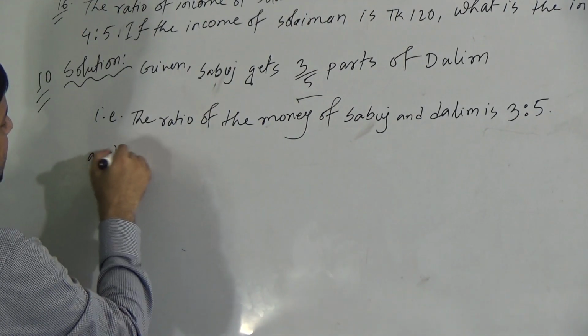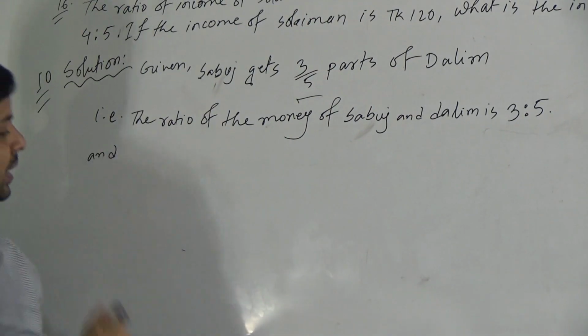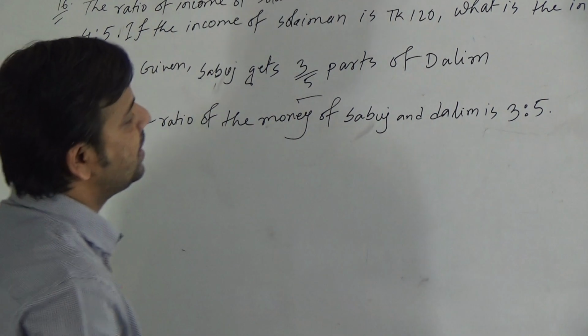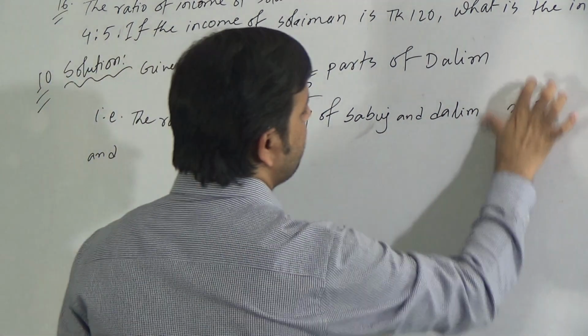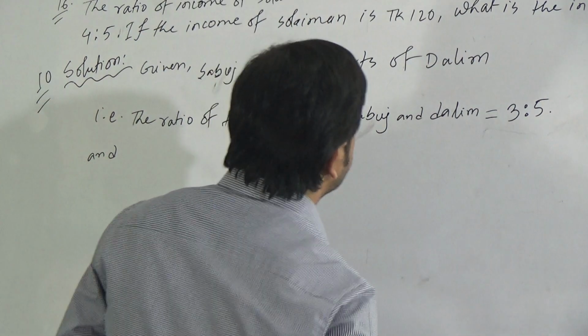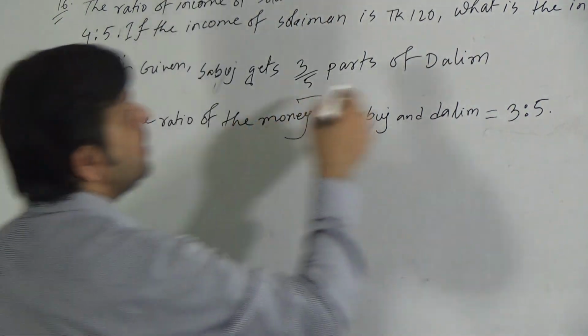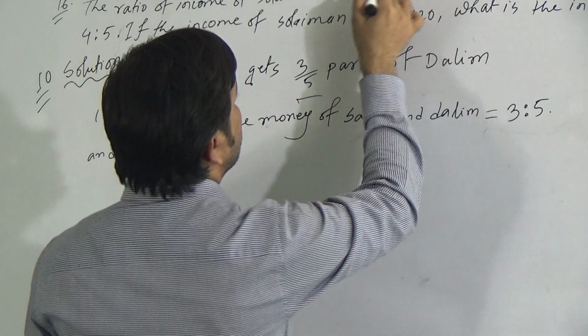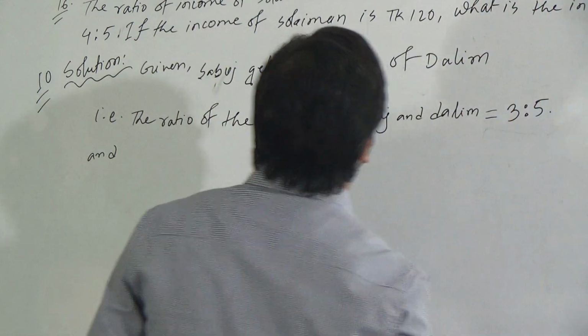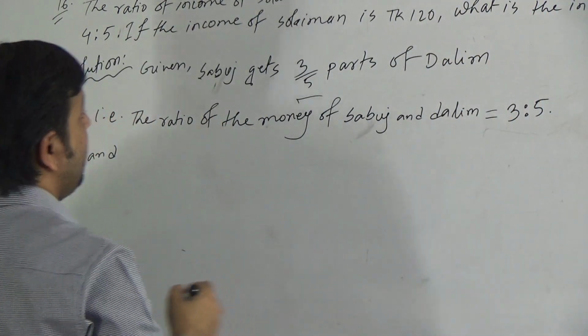And another information is given here. What is another information? Another information is, Dalim gets double of Lincoln.